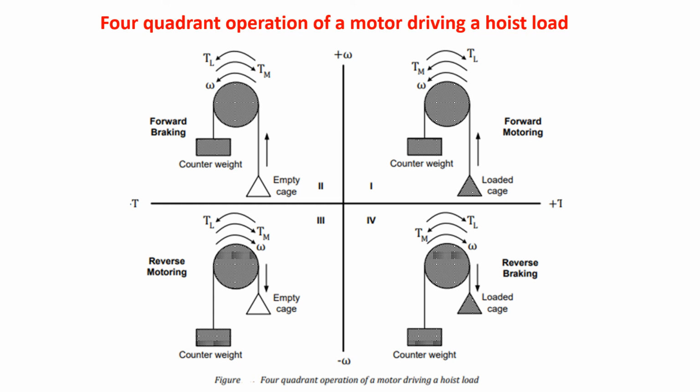In order to safeguard the limit of the speed, you have to limit the speed. So the motor must produce a braking torque in the negative direction because your power is negative, because torque is negative. So this is named as braking operation, forward braking.